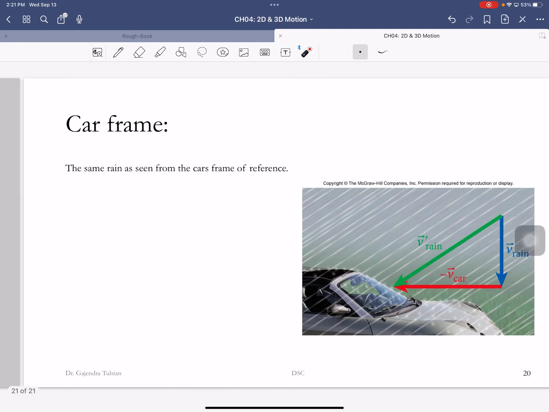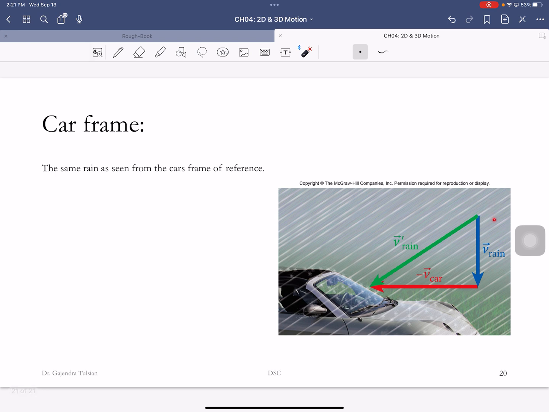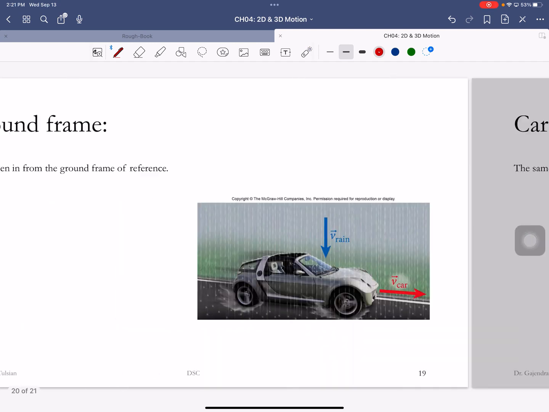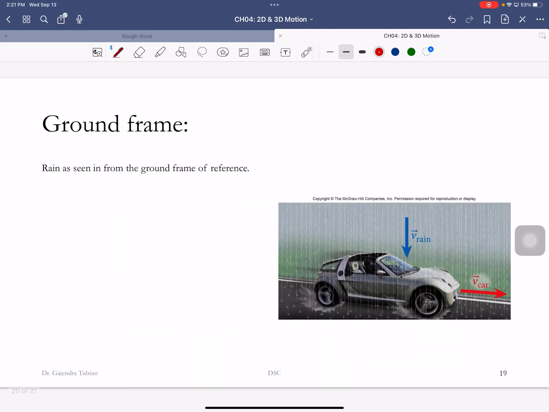Okay, right. So the rain falls straight down, and what you see is this velocity. Okay, and the way you come about that is the following. Now we'll give this a new notation: velocity of the rain with respect to ground, velocity of car with respect to ground.